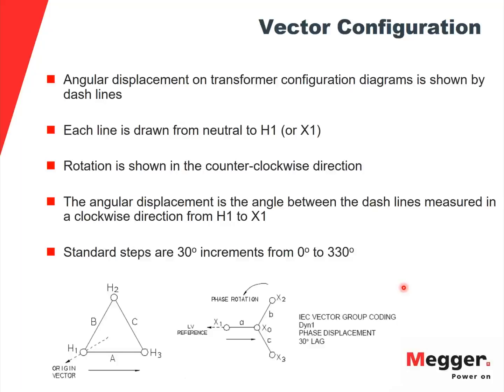The way to find that phase angle difference is that you pass a vector crossing H1, and then you pass a vector crossing the X1 terminal. Then you measure the angle starting from the H1 vector going towards X1 in the clockwise direction. If it is 30 degrees, it would be written as DYN1. If it is 150 degrees, it would be written as DYN5. So every number increment is an indication of 30 degrees of phase angle.